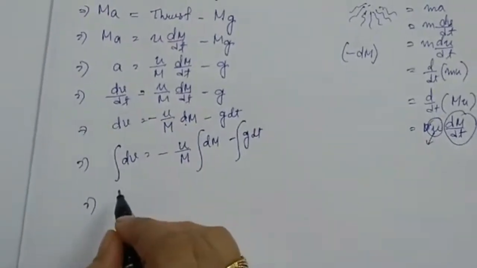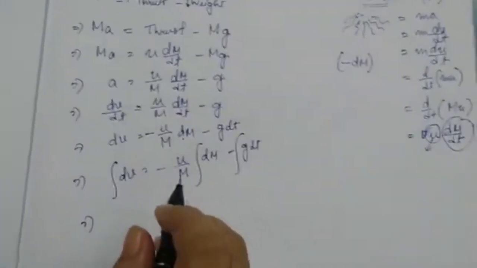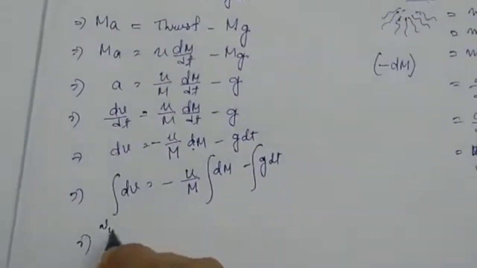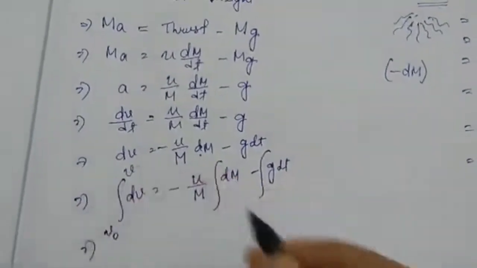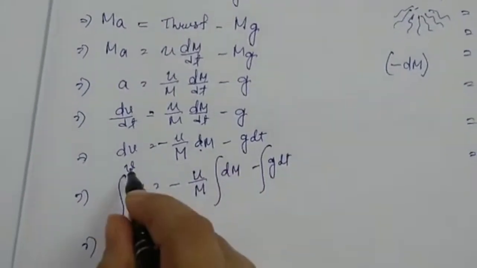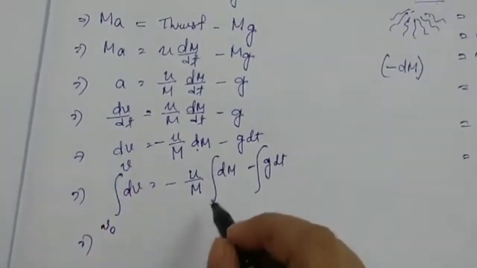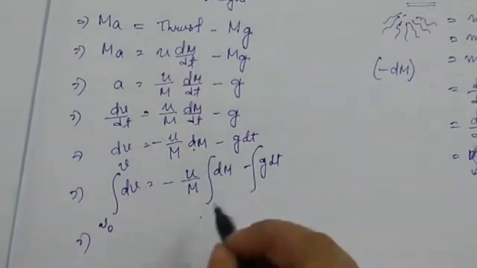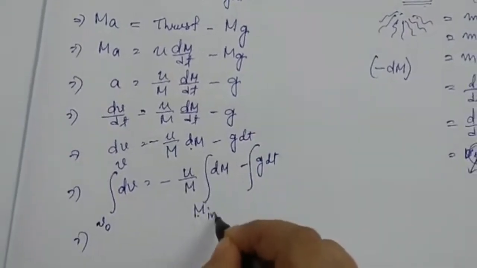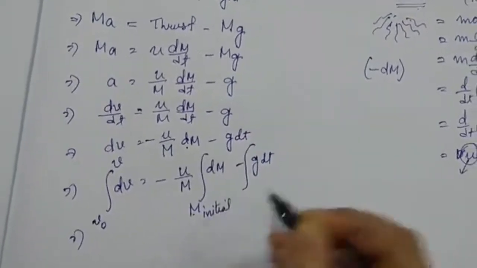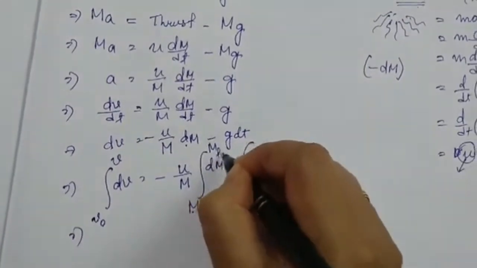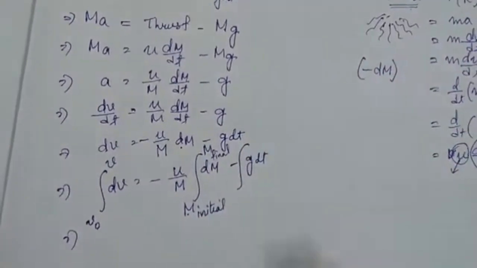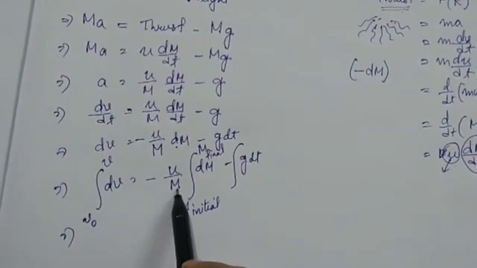Now let us consider that the initial velocity of the rocket is v naught and the final velocity is v. Here mass is going from initial to last, so capital M initial and this is M final. I will tell you about it in detail. Now M is changing, isn't it?